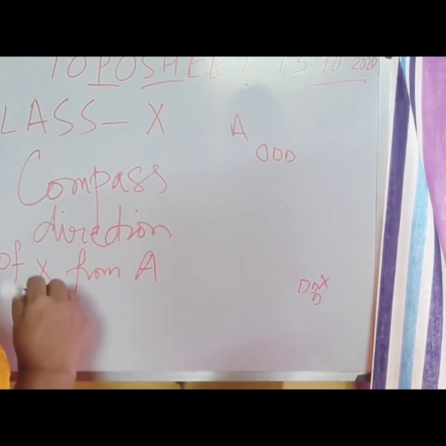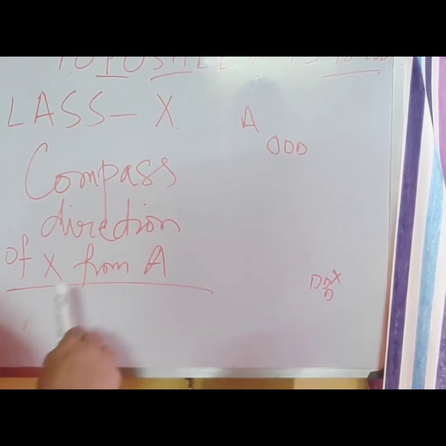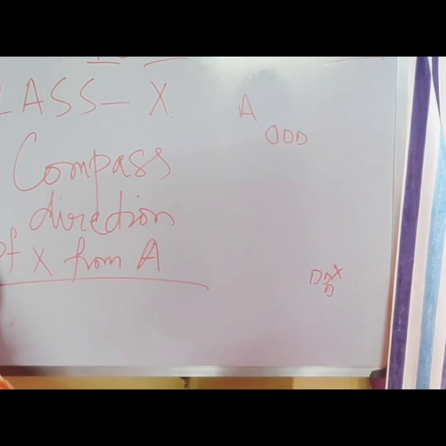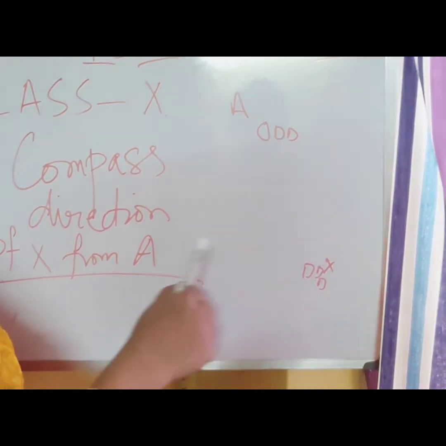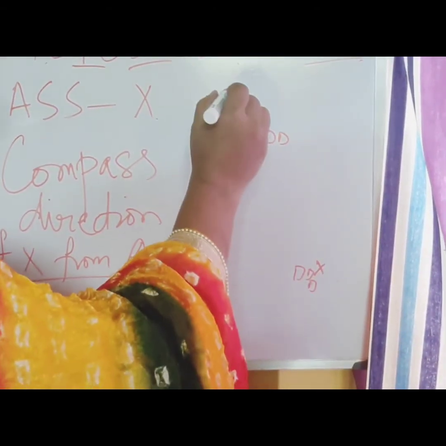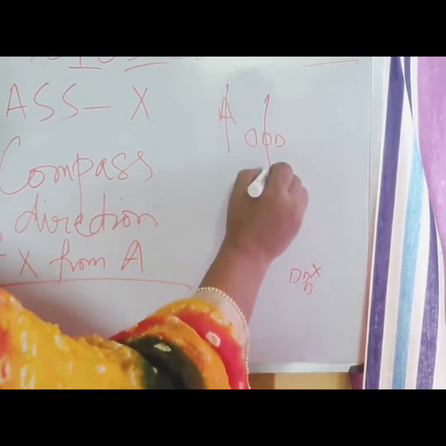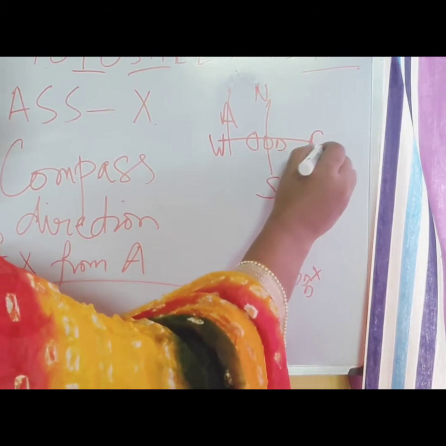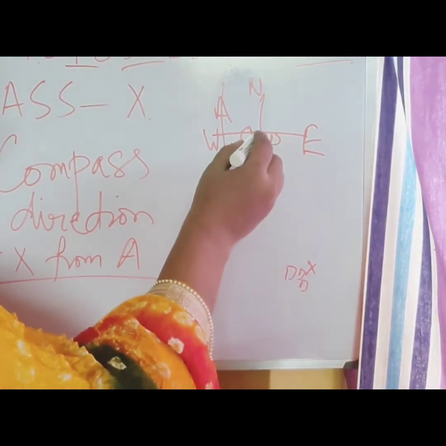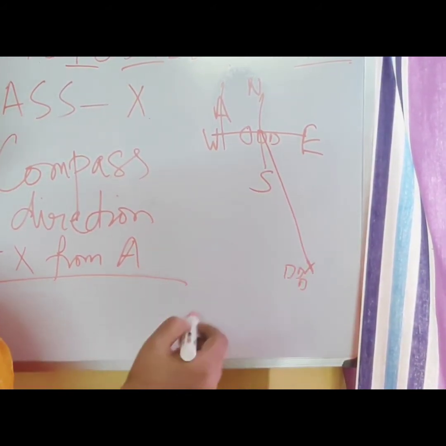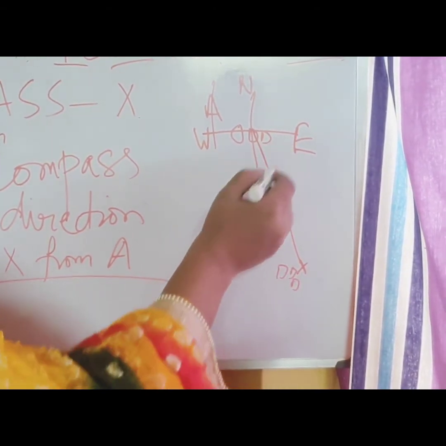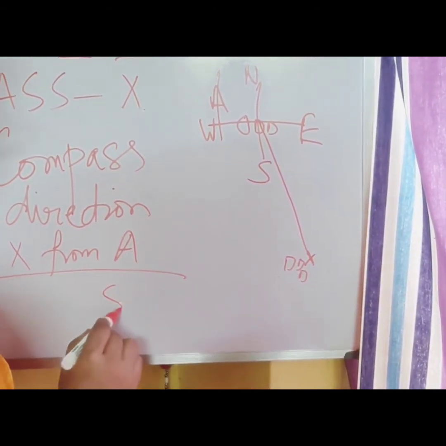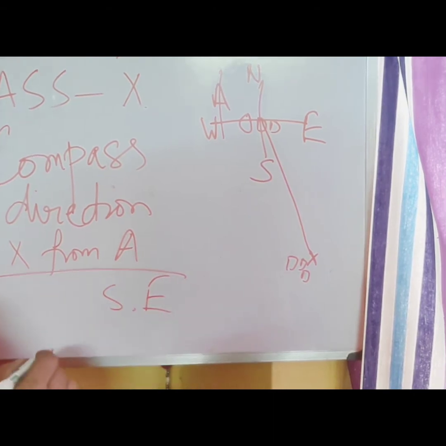Whenever you read the question, you read it twice: compass direction of X from A. So at A you are standing and you are seeing X. So you join the line, and in which corner is it falling? It is falling in the southeast. So the answer is southeast.